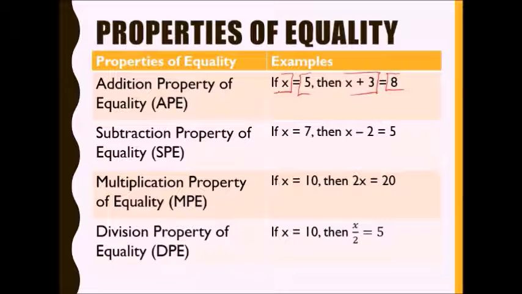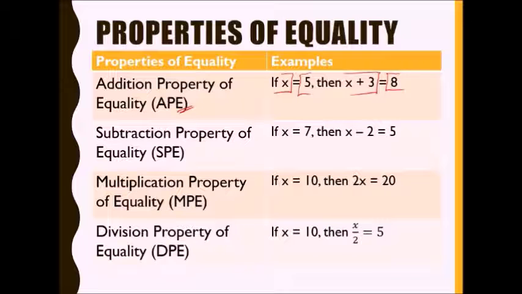Let us check if it's the same process on the right side. 5 becomes 8. So we also added 3 to 5 so that it will become 8. So if you added on both sides, that is the addition property of equality.